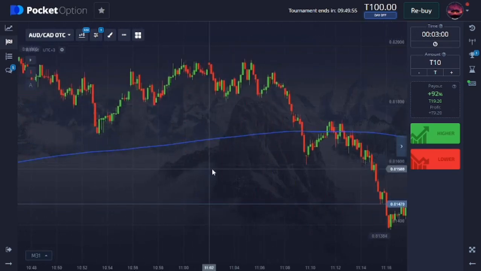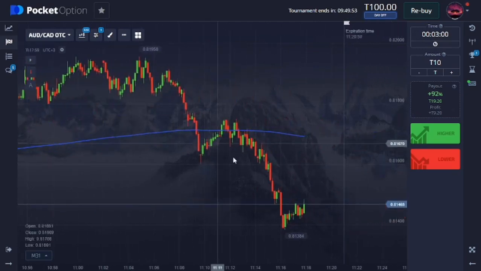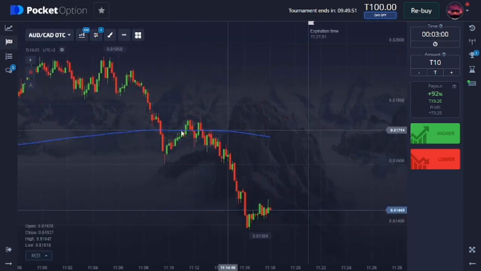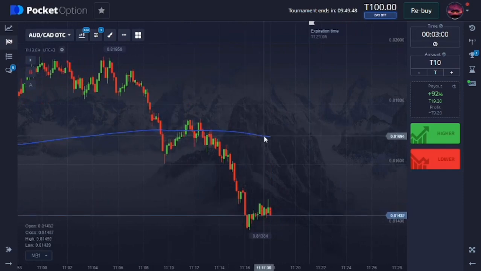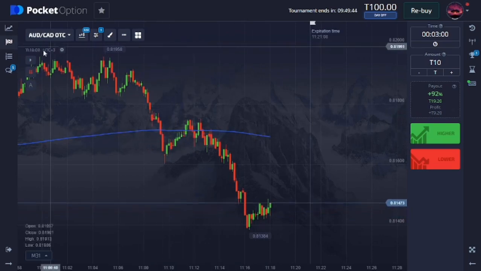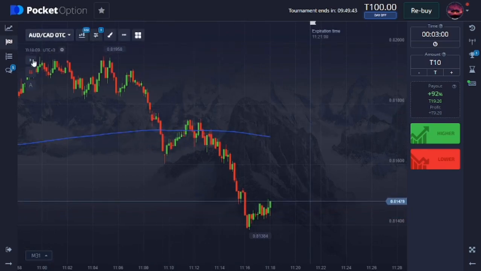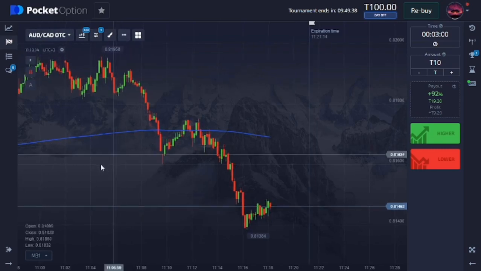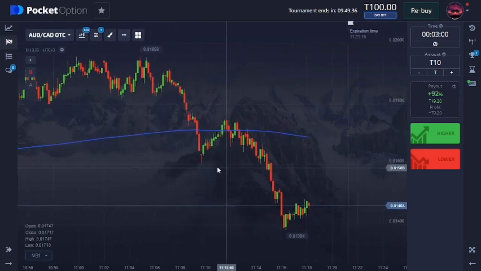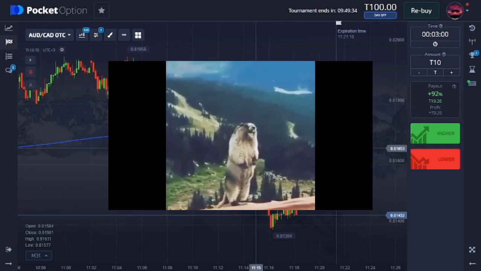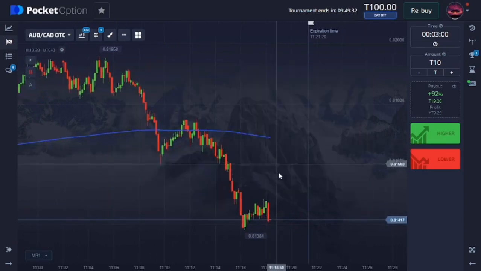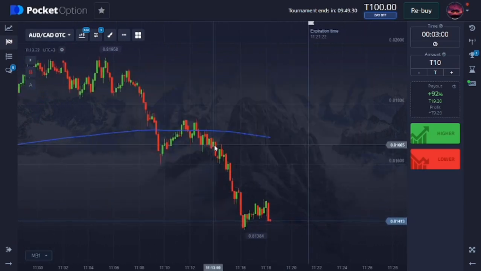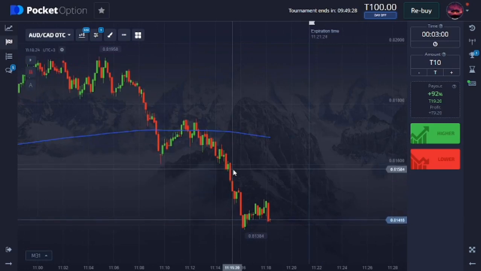Next, what we want to do is, when the price is below this moving average, because this is a longer moving average, it is 250, that is the maximum number that you can put in the settings, if it is below this one, selling makes much more sense than buying.